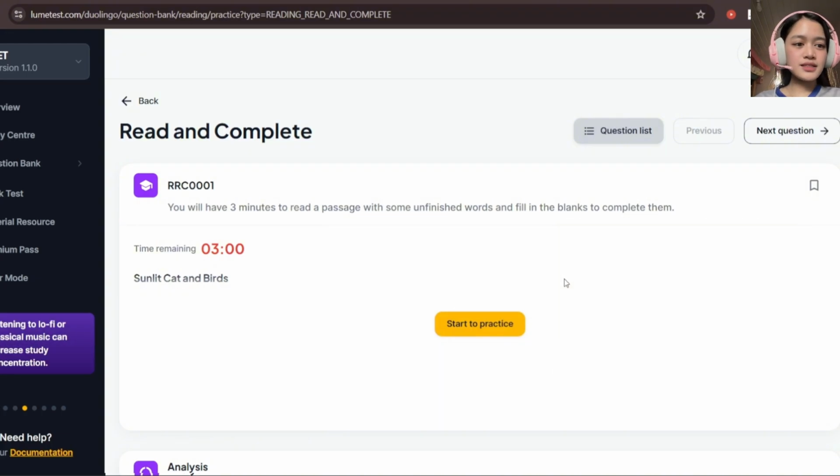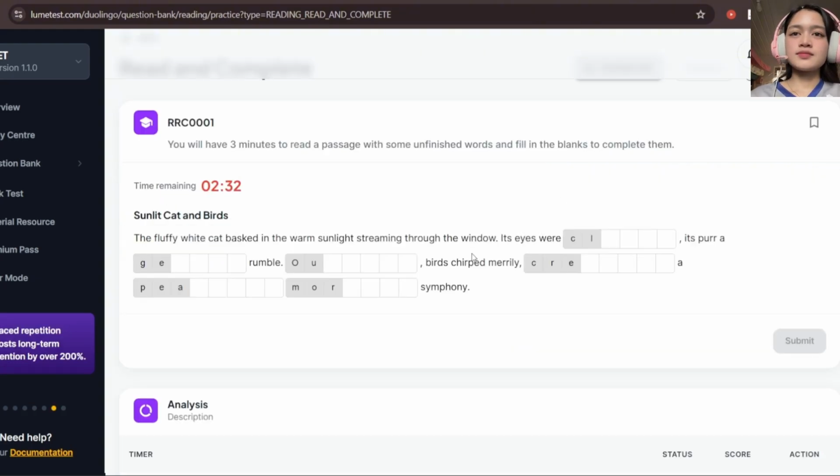Unlike fill in the blanks, where you're working with a single sentence, here you'll need to understand the overall meaning of the entire passage. The surrounding sentences often provide important clues about what the missing words should be.